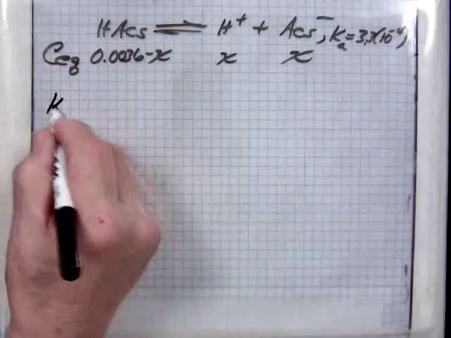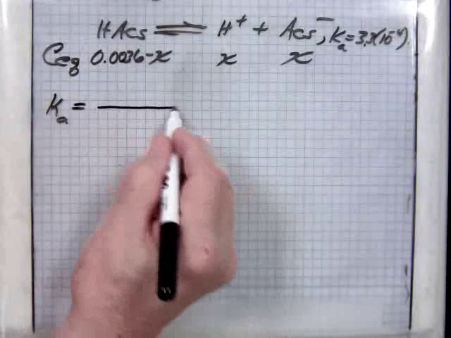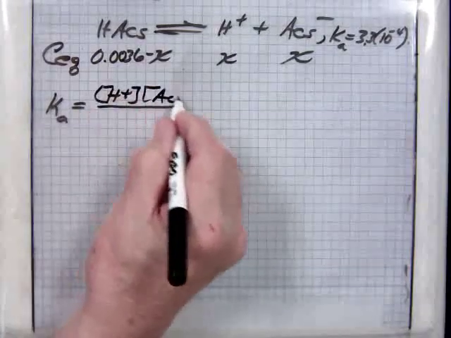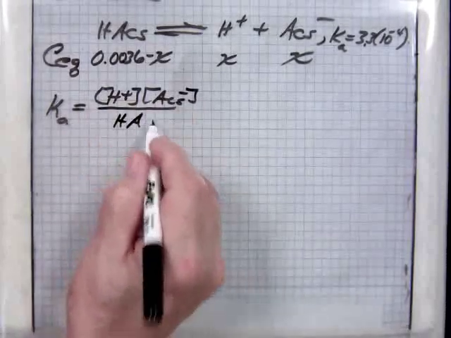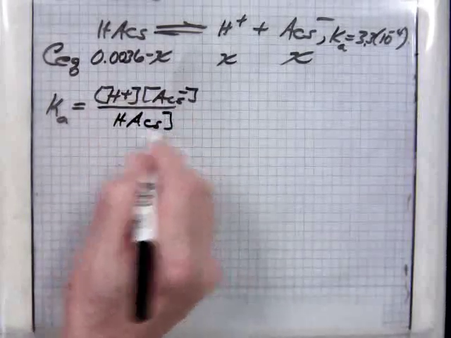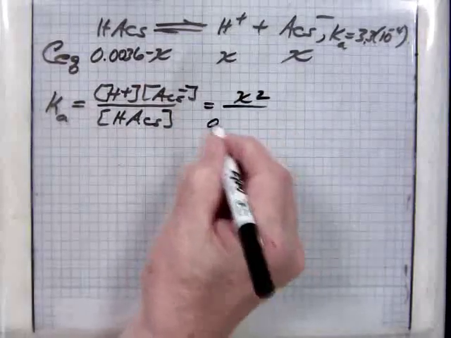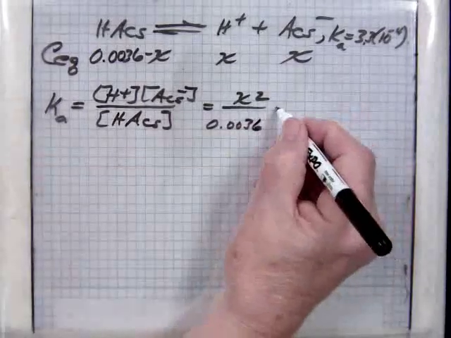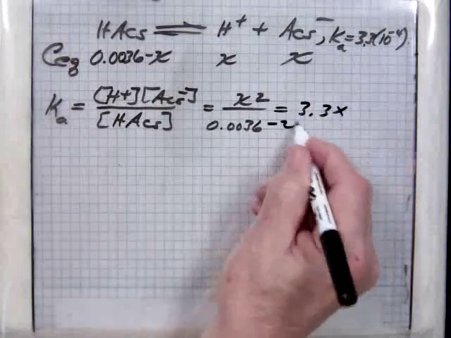If I set up the Ka expression, products over reactants, I'd have hydronium ions times anion over the HA. Of course, that's x squared over 0.0036 minus x, equal to the Ka value, 3.3 times 10 to the minus 4.